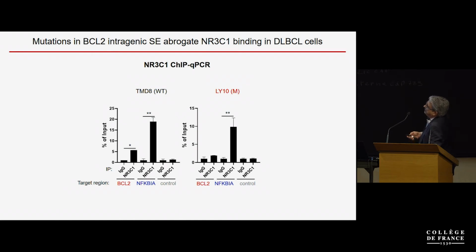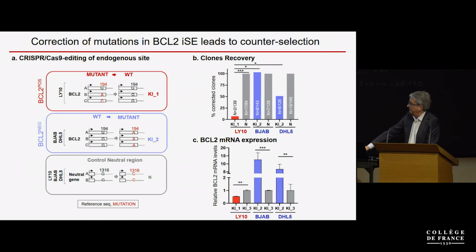And again, there was evidence that this transcription factor binds in normal B cells and in tumor cells. The same genetic experiment was done, in this case mutant to wild type, with complete counter-selection when you correct the mutation of the binding site, where the controls are all here. And here we also did wild type to mutant.